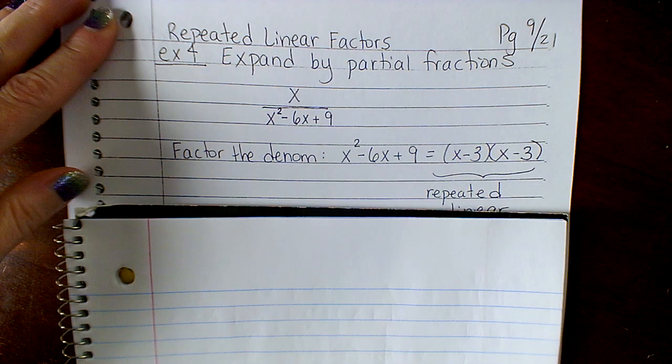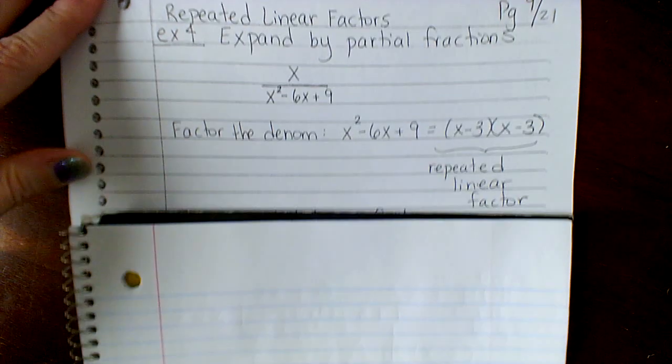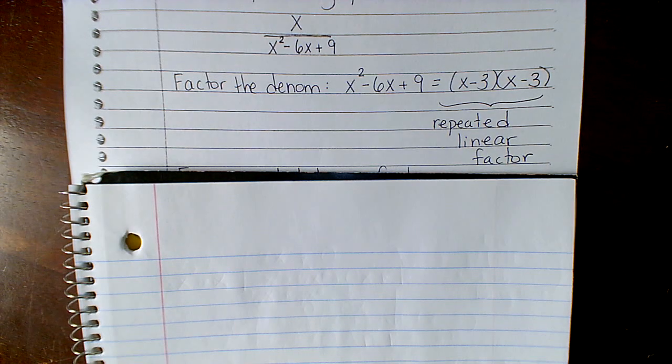It's repeated. We have a slightly different technique on how to approach partial fraction decomposition when you have a repeated linear factor. We can't just do it like we did with the linear factors and say A over this, B over this, because they're the same thing.